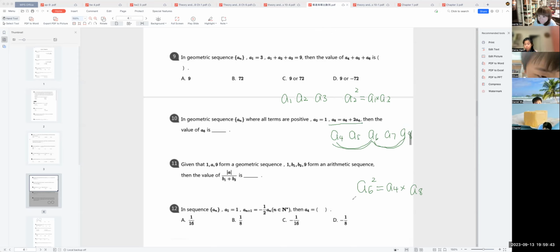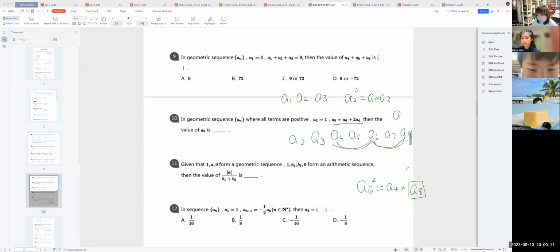So how we do it? Okay, so let's see. So A6 squared. Don't forget, I don't want to touch this one. So I'm going to use A8 equals A6 plus 2A4.